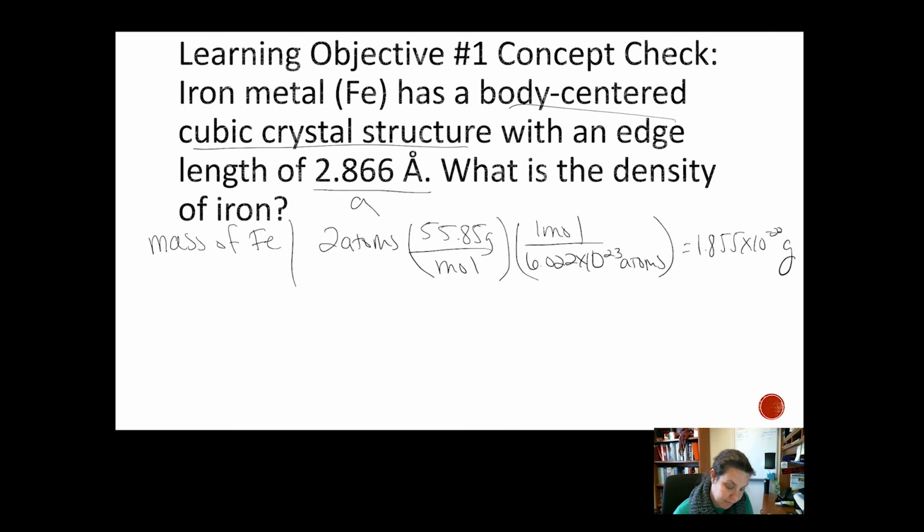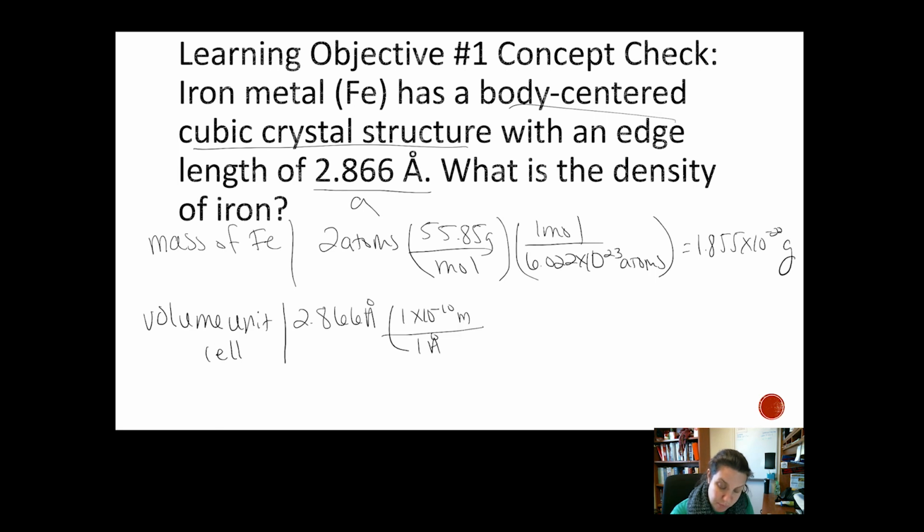Then we do our volume of our unit cell. 2.866 angstroms. Every angstrom is 1 times 10 to the negative 10 meters.